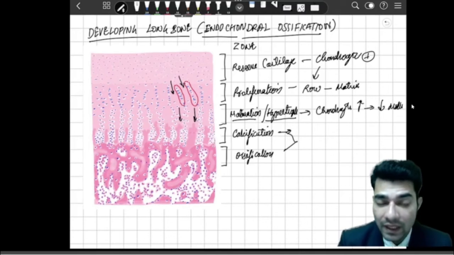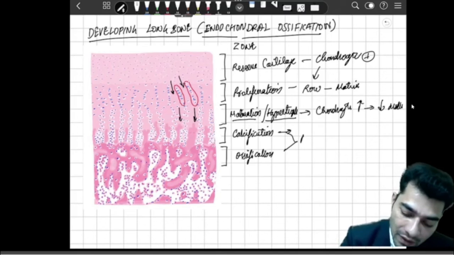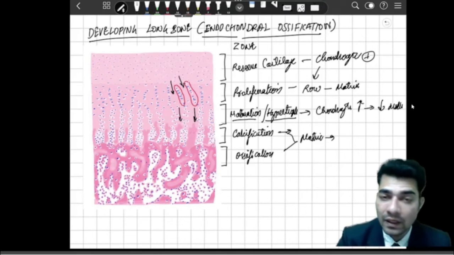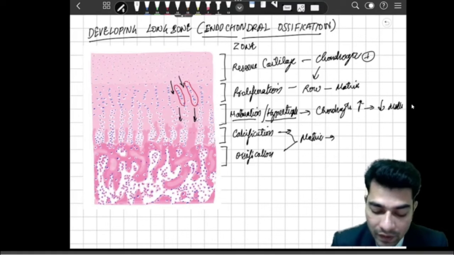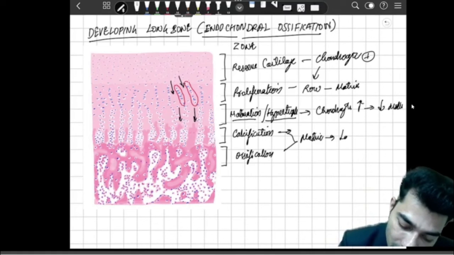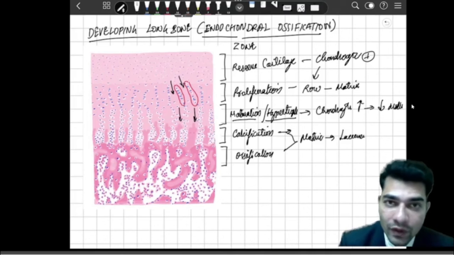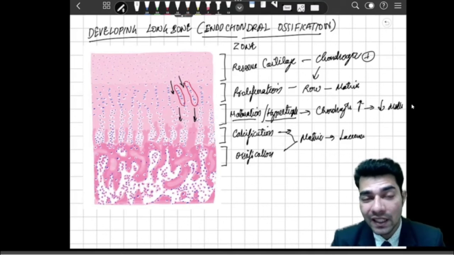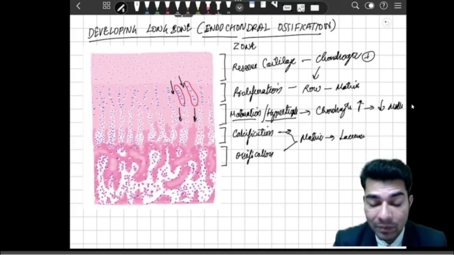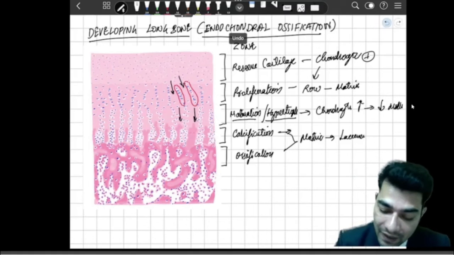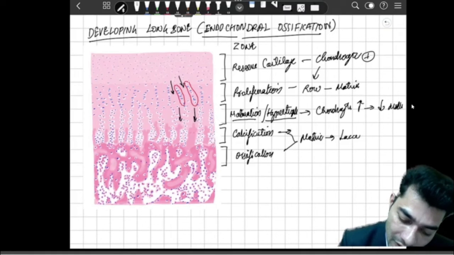What happens? The intermediate matrix will be laden by inorganic materials, and in the lacunae the previously present chondrocytes will get degenerated.